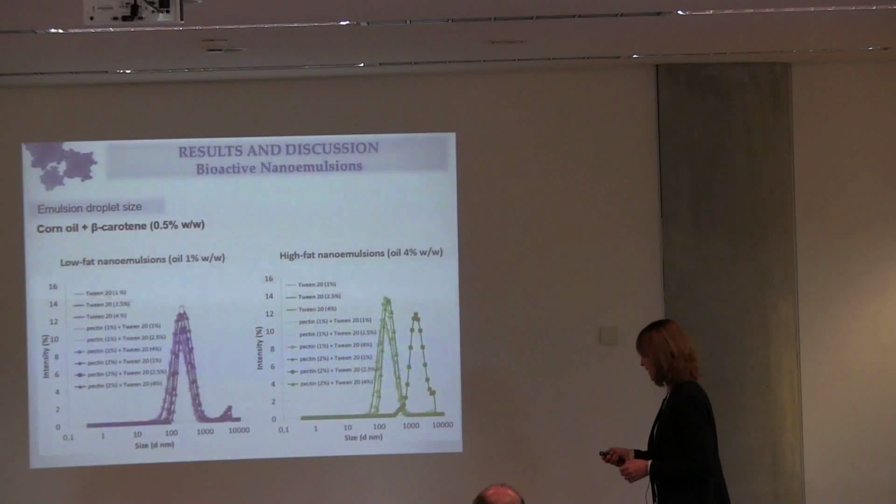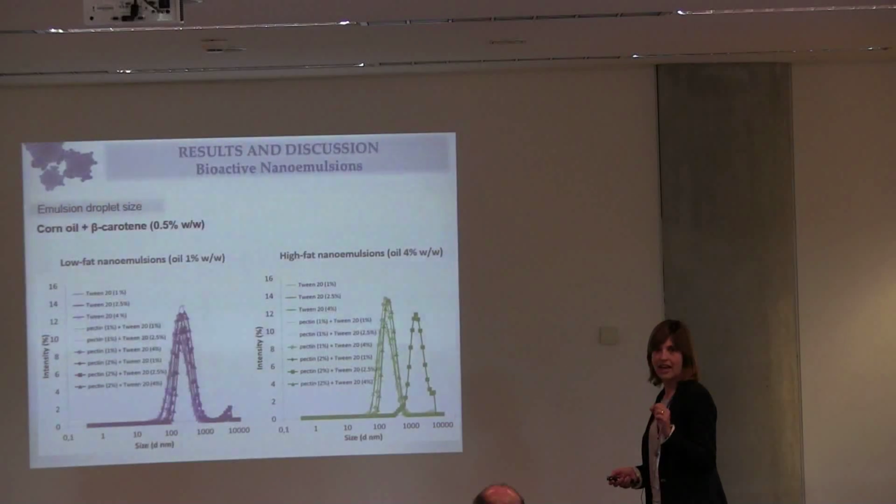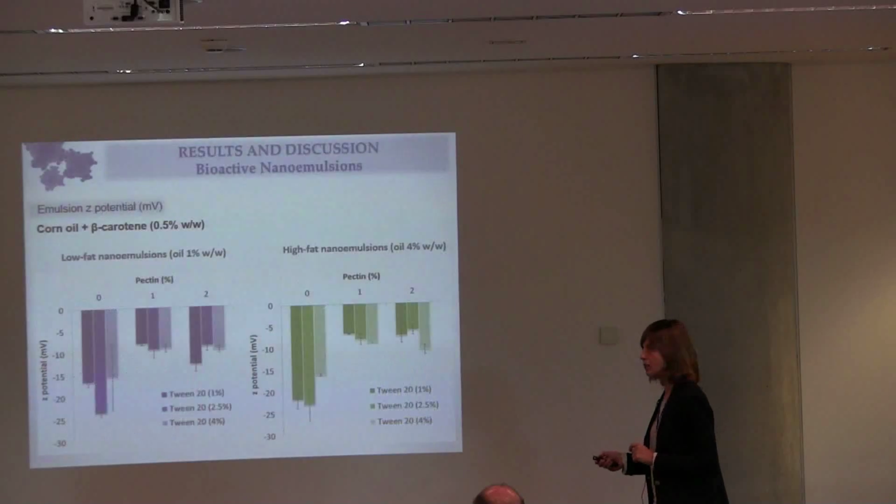So the addition of pectin will substantially impact the particle size. We were, in all cases, in the nano range. I mean, we reach particle sizes low enough. Okay? So our droplets were small.